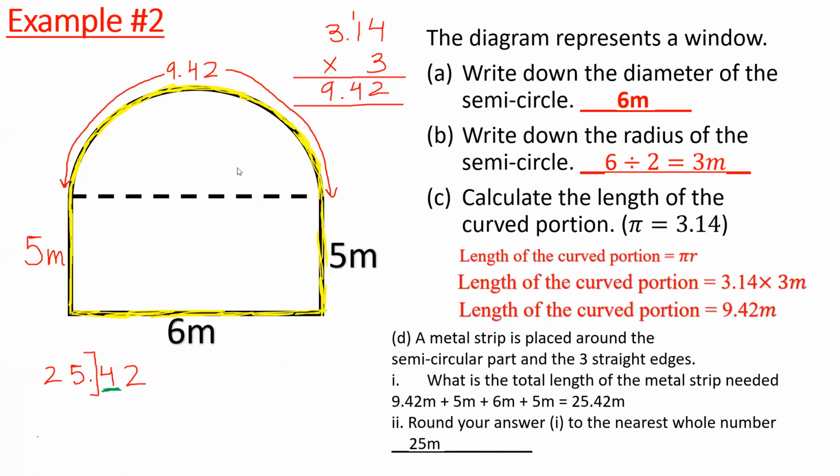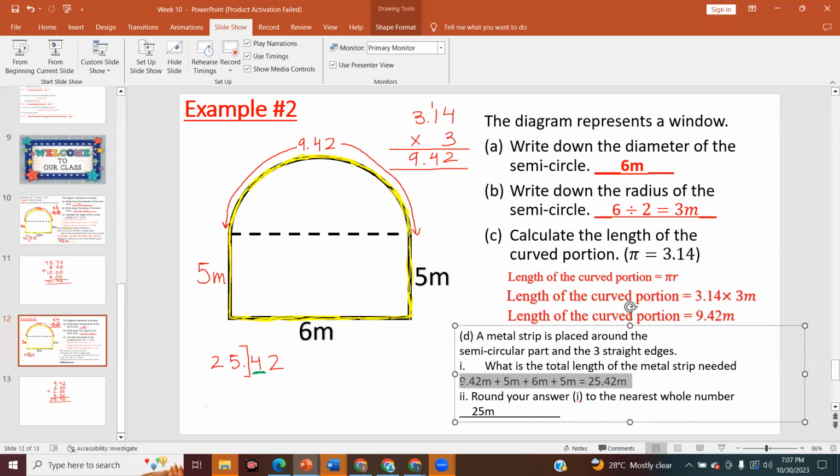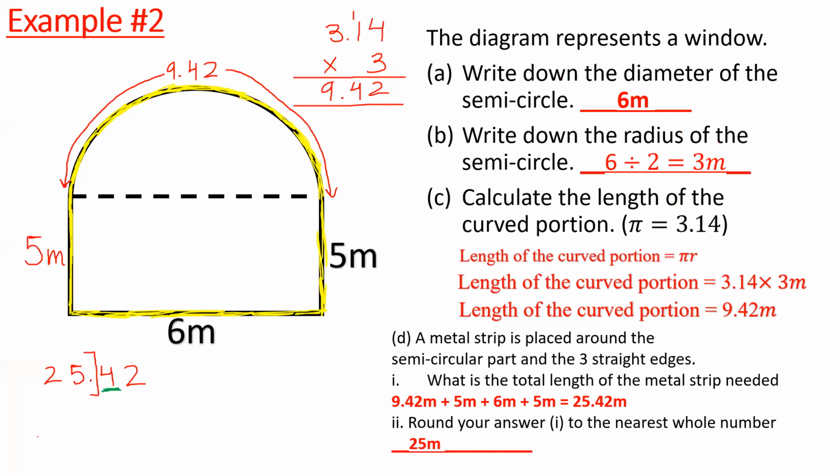Now, Sabria, do you understand how we got our answer? Sabria, are you there? I could barely hear you. For some reason, your volume is always low. Do you understand how we got it, Sabria? Maybe you have to type your answer, because I can't hear you.